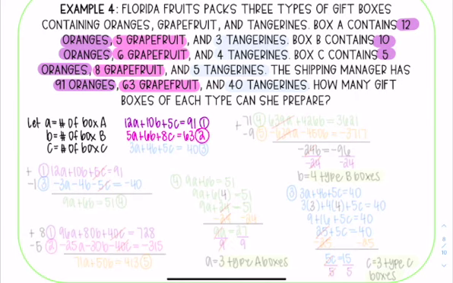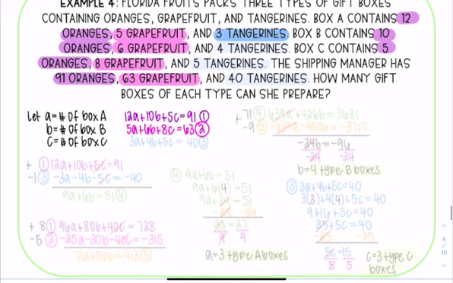The last thing is tangerines. We've got 3 tangerines, 4 tangerines, and 5 tangerines for a total of 40 tangerines. So we have 3A plus 4B plus 5C is equal to 40.